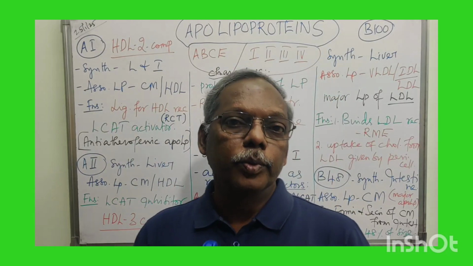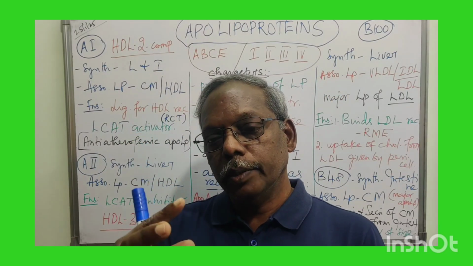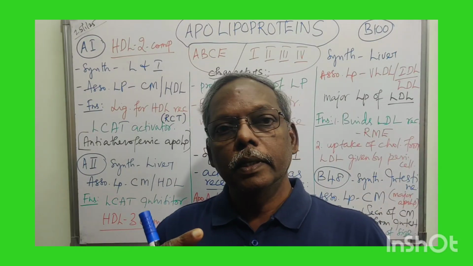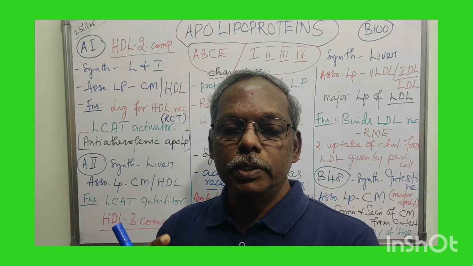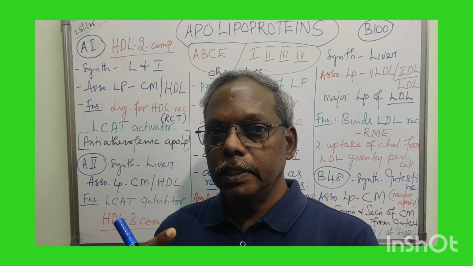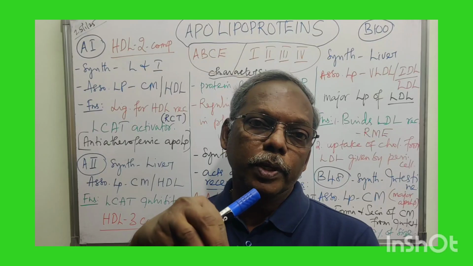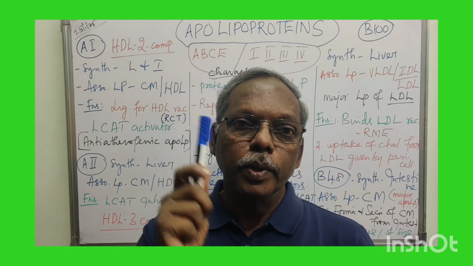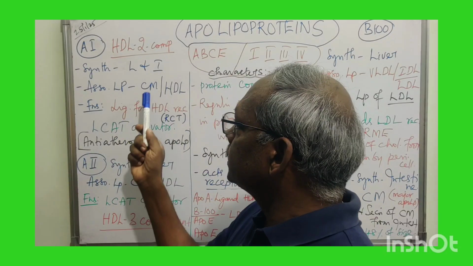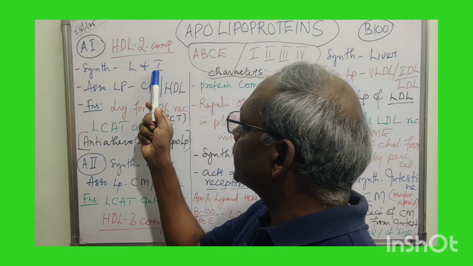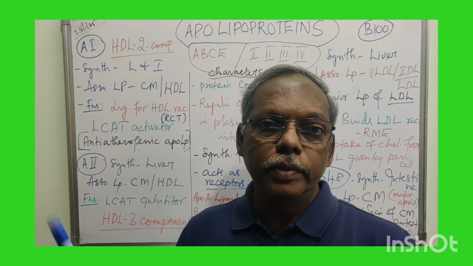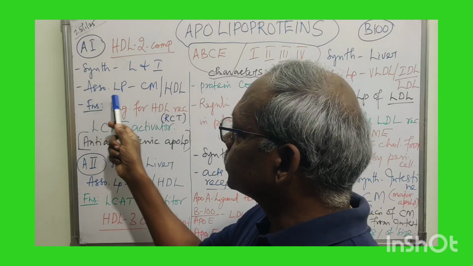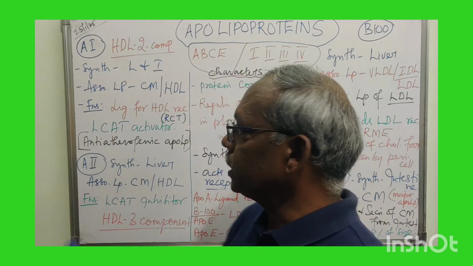The associated lipoprotein: with the help of this apolipoprotein, the lipoprotein is synthesized from liver or intestine, that is cholesterol, phospholipid, cholesterol ester, triacylglycerol with some apolipoprotein, 1 or 2, sometimes 3. The second point you have to mention for all types is the associated lipoprotein, which here is chylomicron and HDL. Chylomicron is synthesized from intestine, and HDL is synthesized from liver. That is why the associated lipoproteins are chylomicron and HDL.